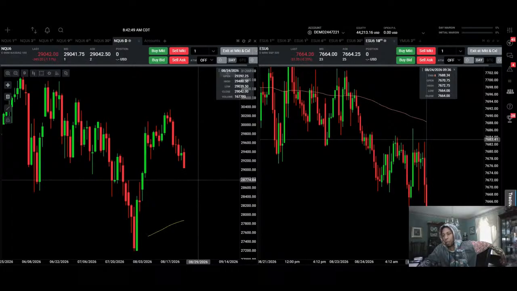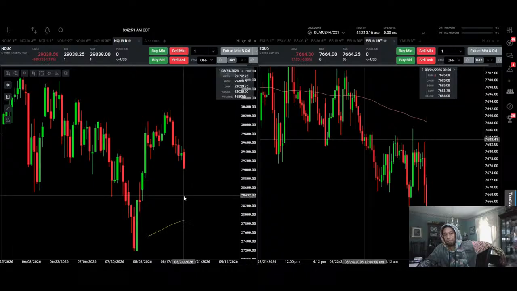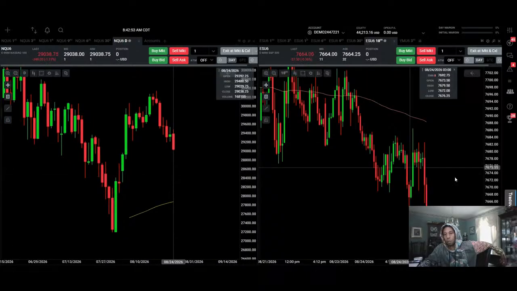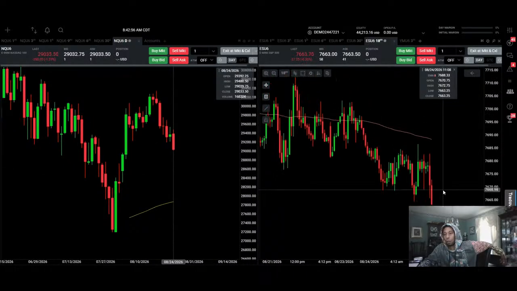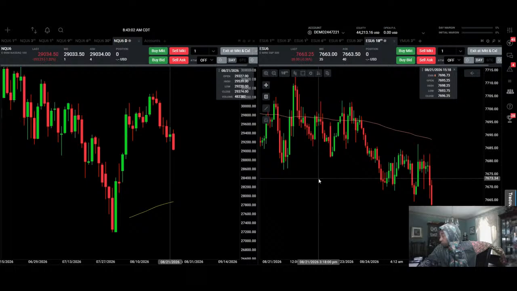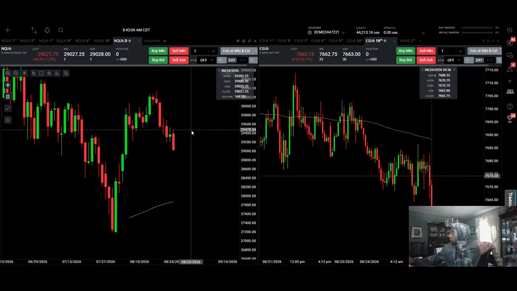I don't know if you remember or not, but YM hit it. And since YM hit it, there needs to be an SMT on that same low that YM just hit. So, matter of fact, let me look at that real quick because NQ is falling. And if NQ is falling, it's targeting that same one for the SMT.